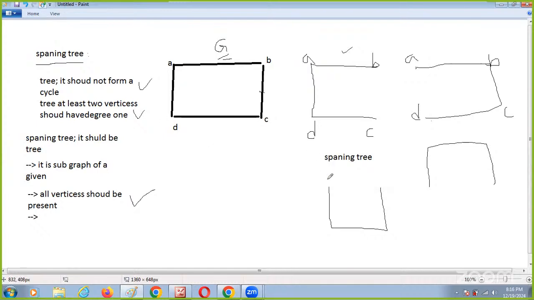Let us take A, B, and C, D. Here it is A, B, and C, D. So these are all different possible spanning trees for this given graph.